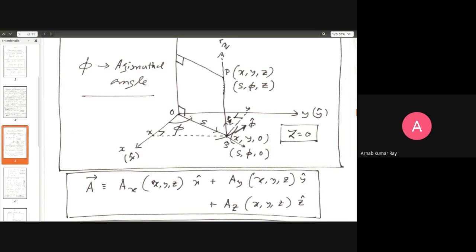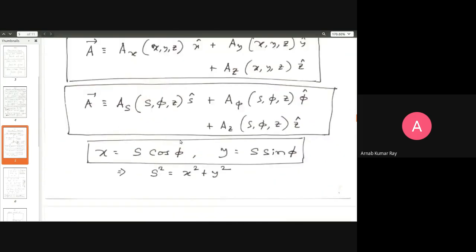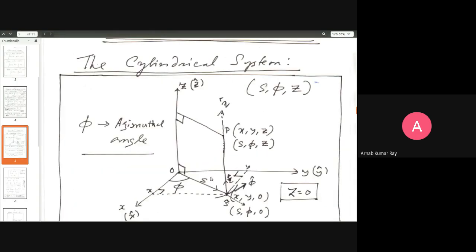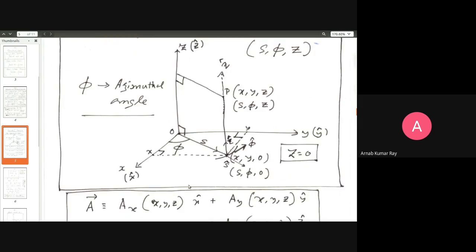So let's see. Let us look at this diagram. This is s and this is phi. This is x and this is y. Therefore, x is equal to s cos phi and y is equal to s sin phi. x is s cos phi, this length, and y is s sin phi.